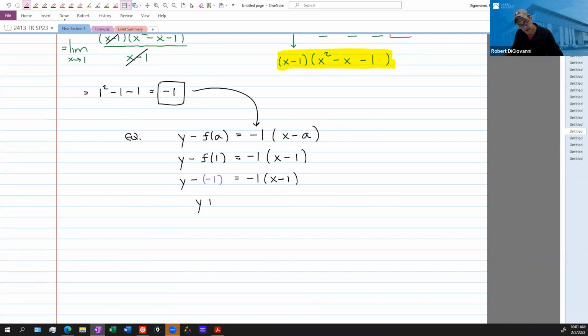So I'm cleaning up now. Y plus 1 equals, I'm going to distribute, -x plus 1. And if I subtract 1 on both sides, I just get y equals -x. That's the equation of the line.